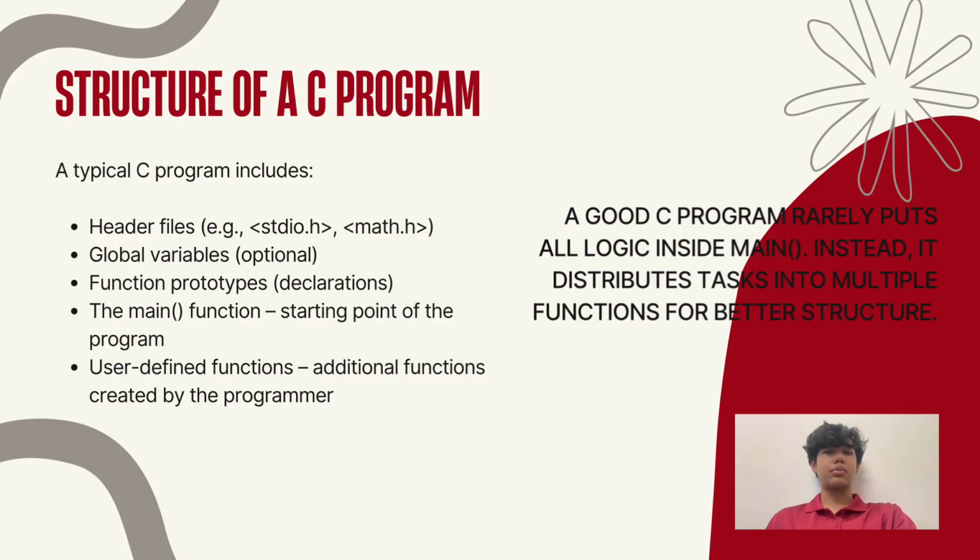After that, function prototypes or declarations are written before the main function to inform the compiler about the function. The main function serves as the starting point of program execution. Finally, user-defined functions are written to perform specific tasks outside the main function. This structure helps create a well-organized and efficient program.